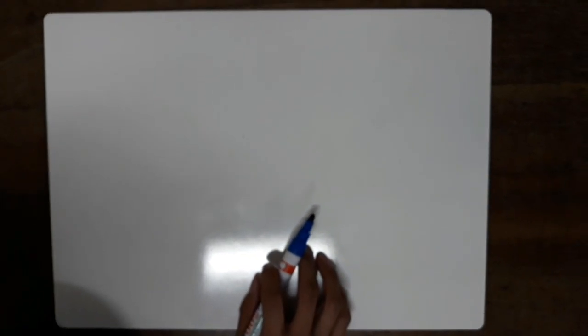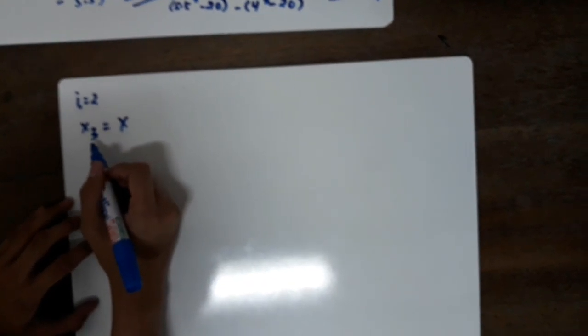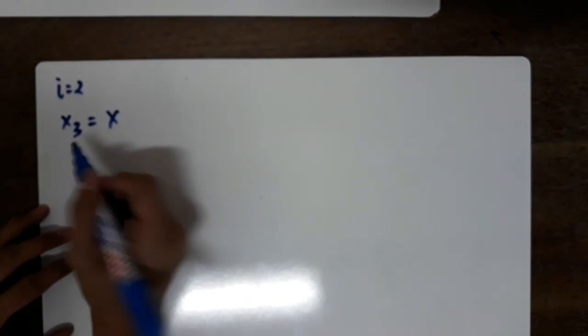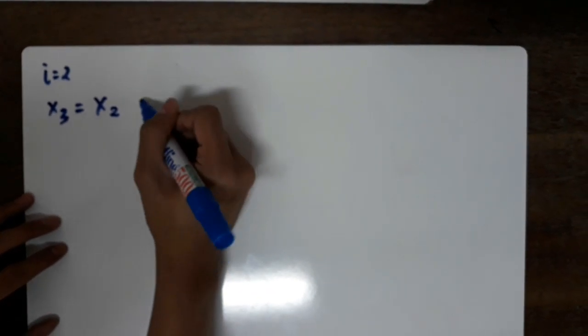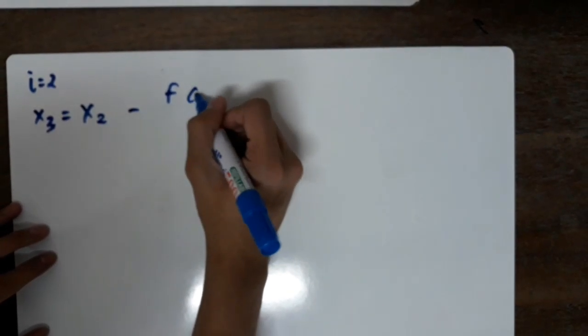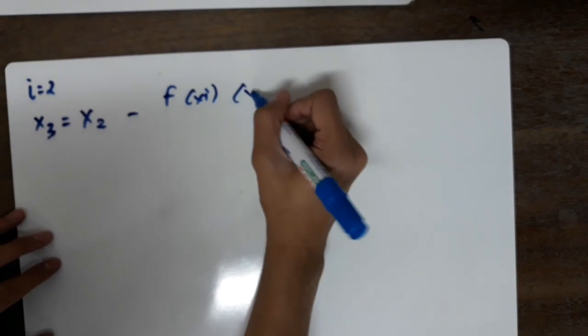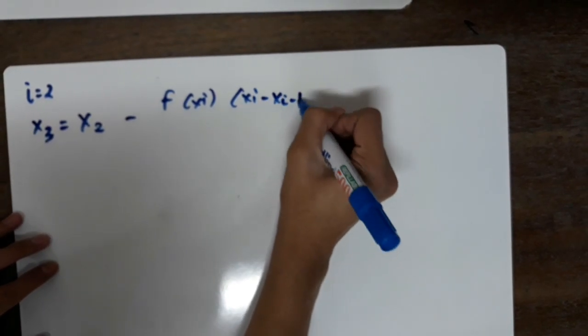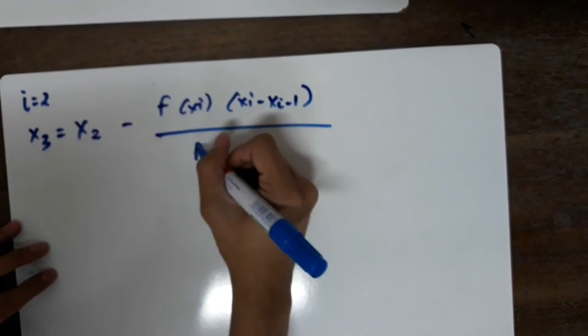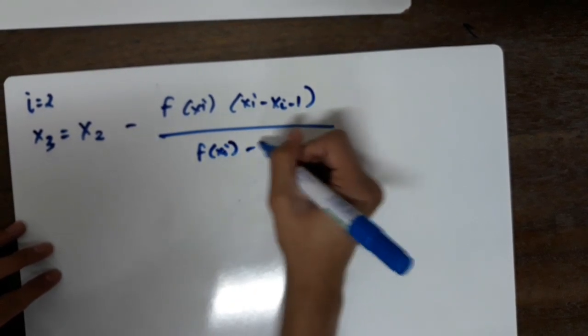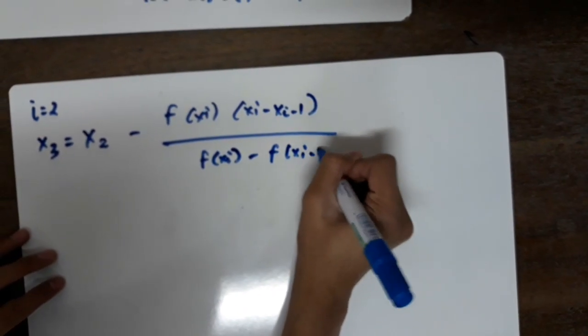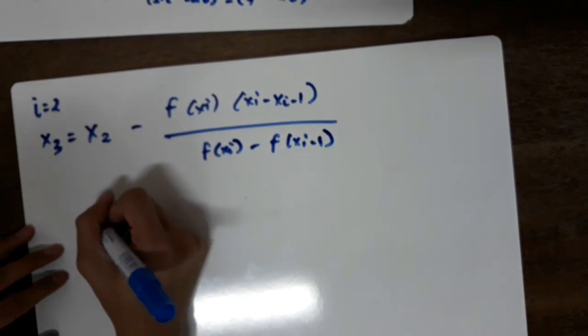Next, we're going to find the value of x sub 3. So x sub 3 is equal to x sub 2 minus f of x sub i, again the formula, x sub i minus x sub i minus 1 over f of x sub i minus f of x sub i minus 1. So let's substitute the given.